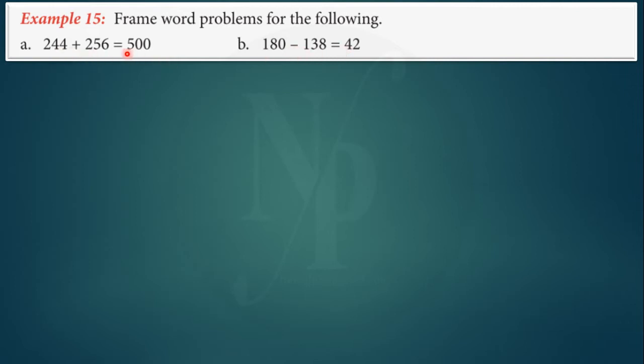So looking at these addition and subtraction statements, we will frame the suitable word problems. First, let us look at the question A. Here we have 244 plus 256 is equal to 500. Let us frame a word problem for this addition statement.